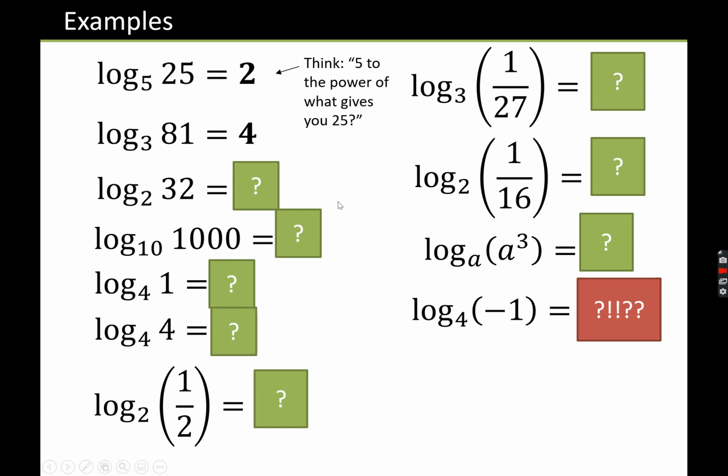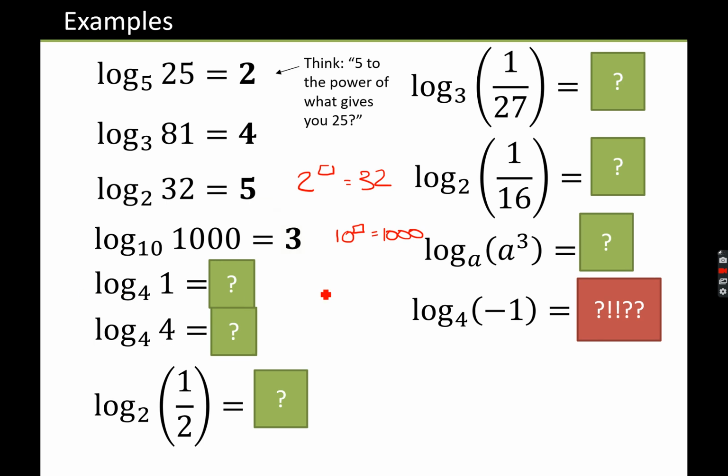Log 2 of 32 means 2 to the power of something to give me 32. Okay, so I'll have 5. Log base 10 of 1,000 means 10 to the power of something to give me 1,000. So I'll have 3. Log base 4 of 1 means I need to do 4 to the power of something to give 1. It'll be 0.